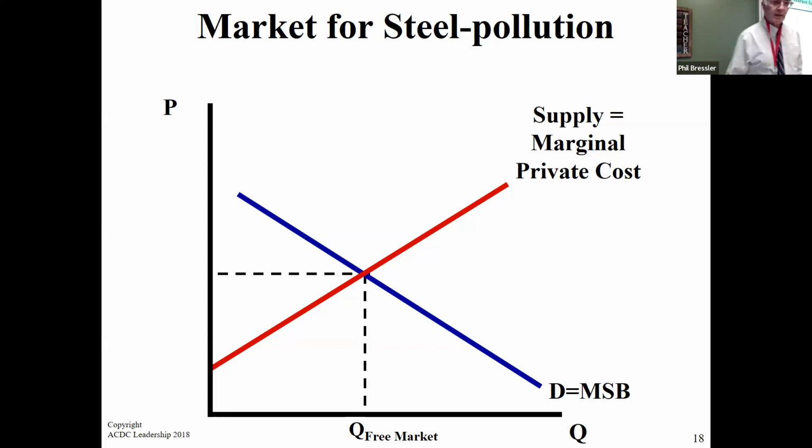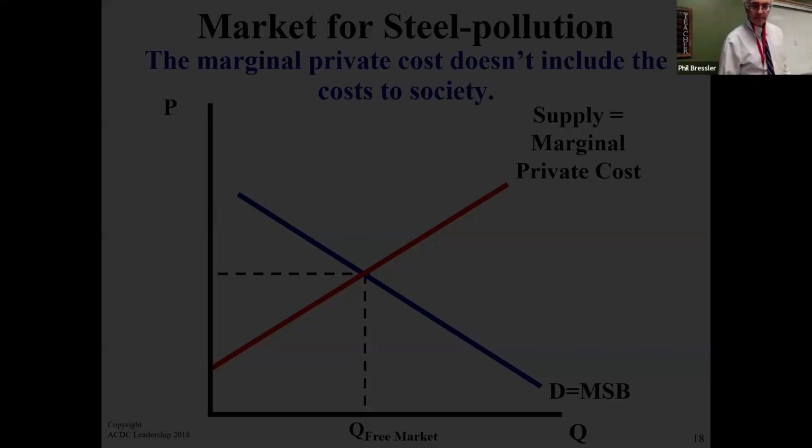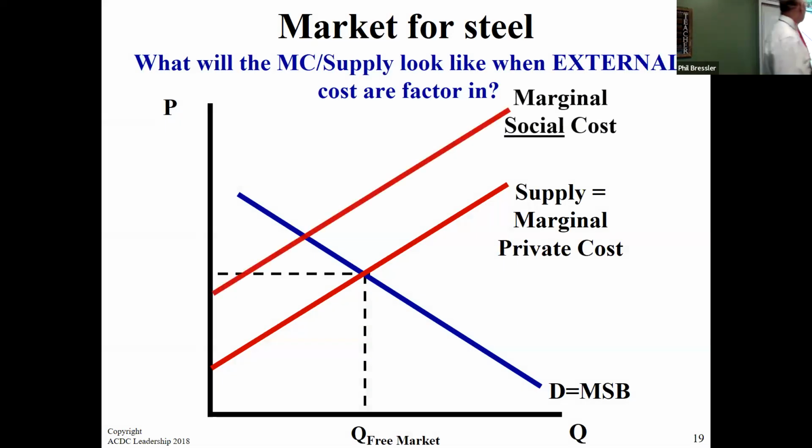What is MSB and MPB stand for again? Marginal social benefit and marginal private benefit. Then you have marginal private costs. Okay, I now have the marginal social cost.